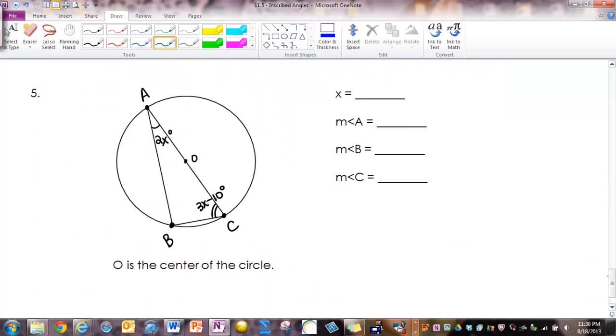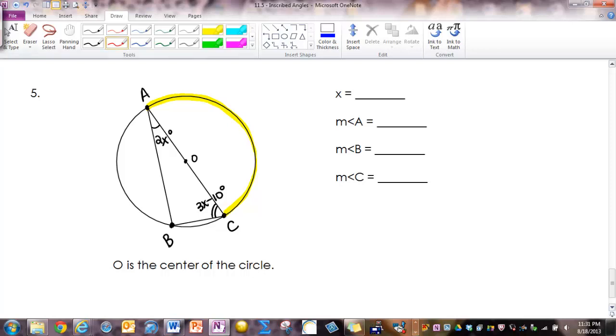Moving along to our last question, question 5. We have a diagram here that shows O as the center of our circle, and we have a triangle that's inscribed inside of that circle. And we're asked to find X as well as the measures of the three angles A, B, and C. Now I'm going to start here by noticing that since O is the center, this arc that I'm tracing in yellow is a semicircle.